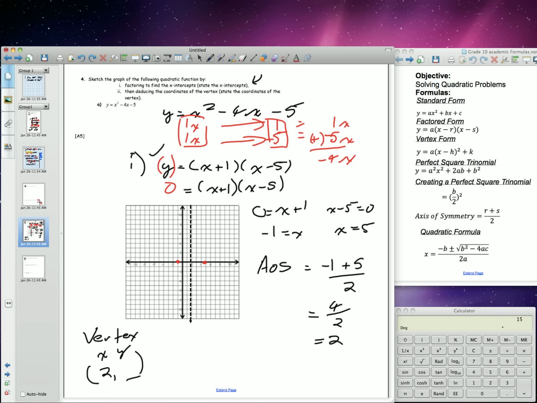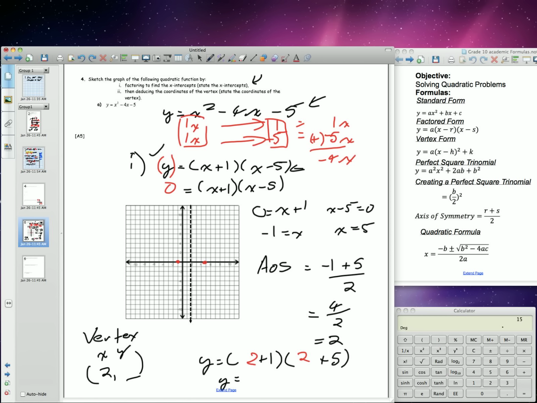So we have 2. We need to figure out what y is going to be. So we take that value and plug it into our equation. I can plug it either into the factored form or the standard form in order to solve it. I'll put it in the factored form in this one. So y equals, we replace x with the number 2 in both of the brackets. So x now becomes 2 in both of these.